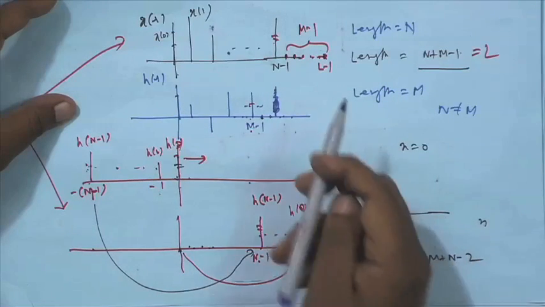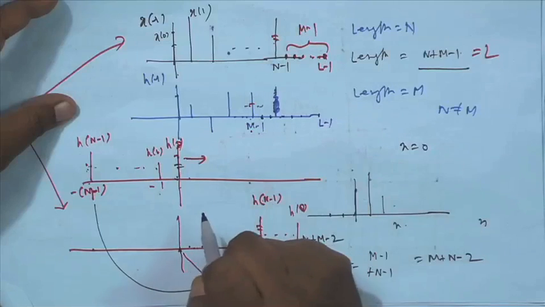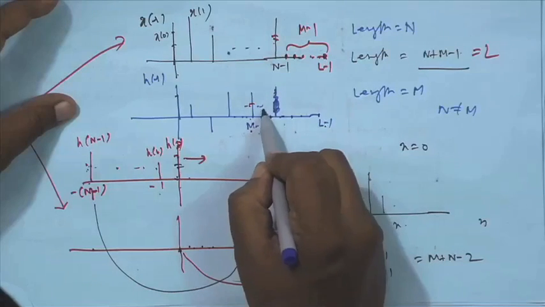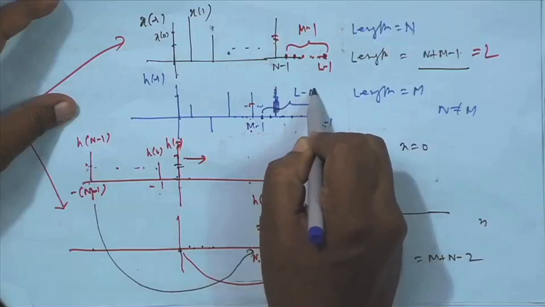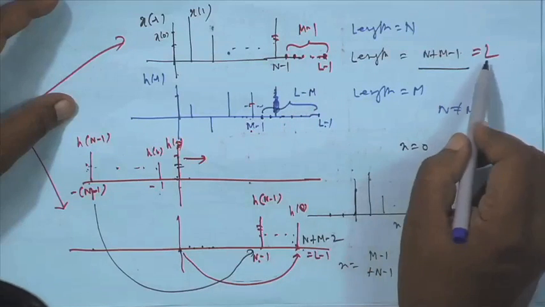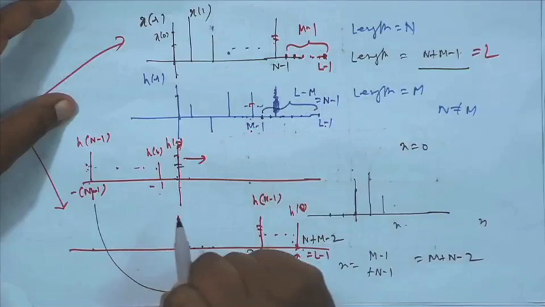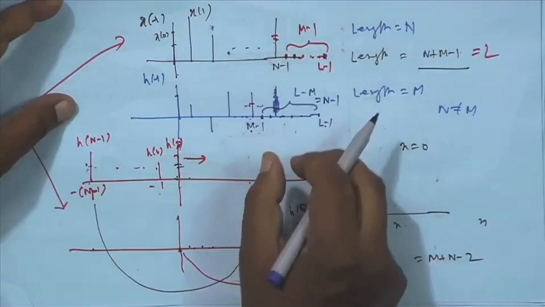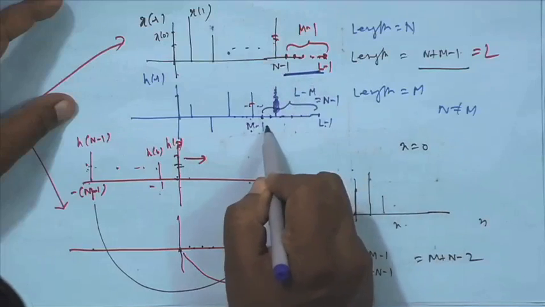And here I will append zeros so that I again go to the same point L minus 1. L minus 1, m minus 1. How many zeros? You subtract this from L, L minus m, which is n minus 1. So, here m minus 1 zeros, here n minus 1 zeros.